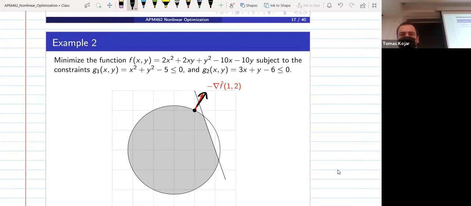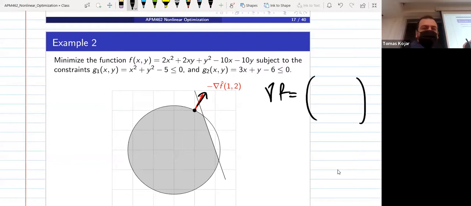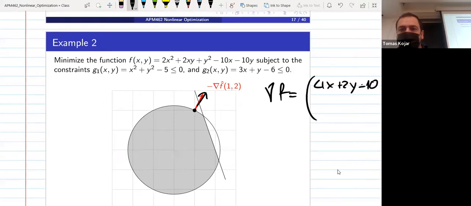Let me compute it for you. So the gradient of f. Actually, you can tell me. What's the first component? And the second, same thing, right? No. What is the second? Whatever.